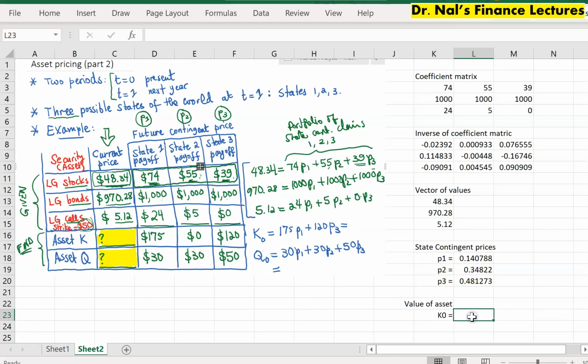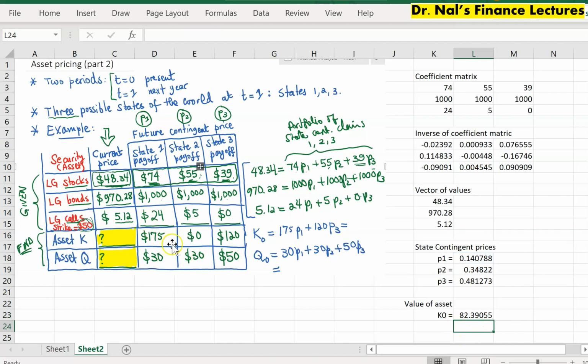All right, so for K, it will be very easy. It's equal to 175 times P1, this monster, plus 120 times P3, not P2, P3, and press enter. There you go.